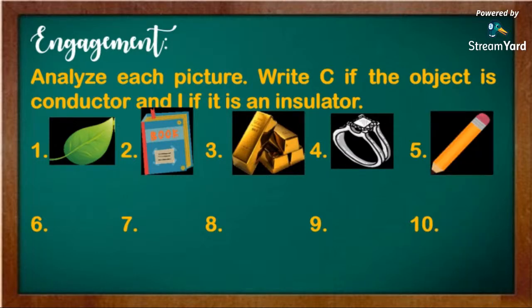How about this one? A pencil. A pencil is made of wood. So what is your answer? C or I? Yes, it's letter I because it doesn't allow electricity to pass through.